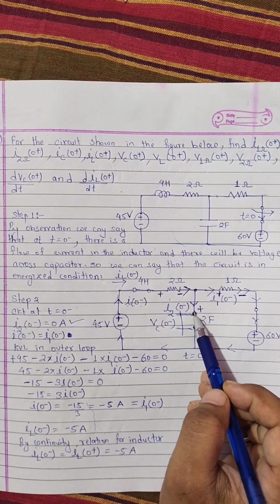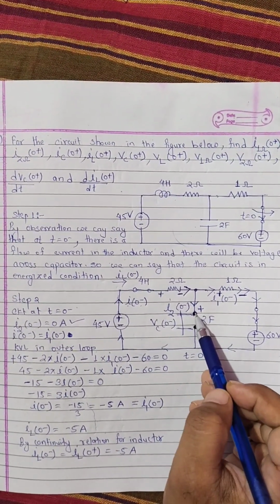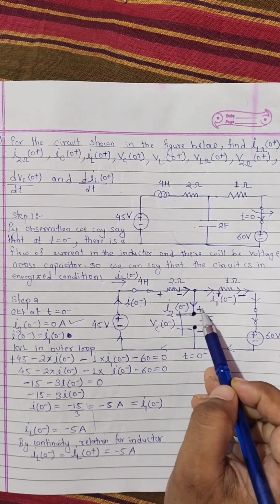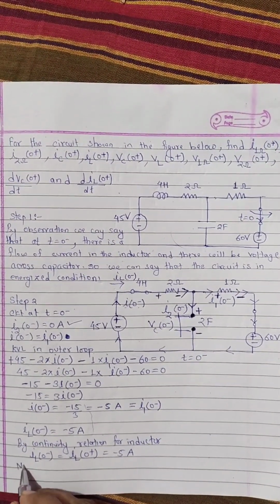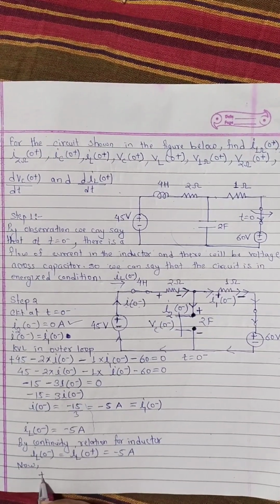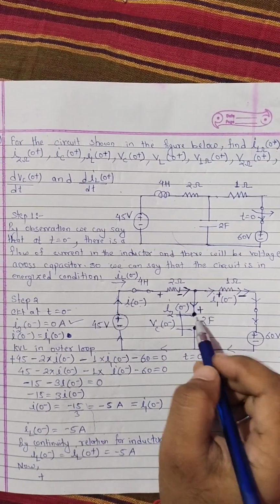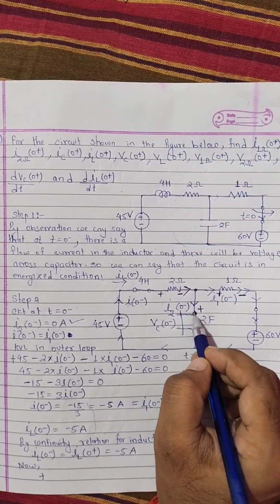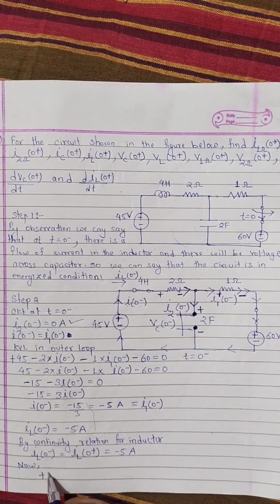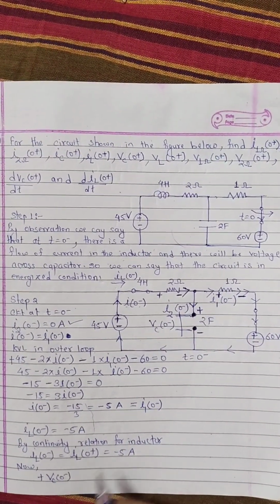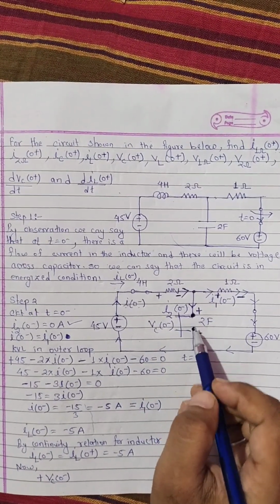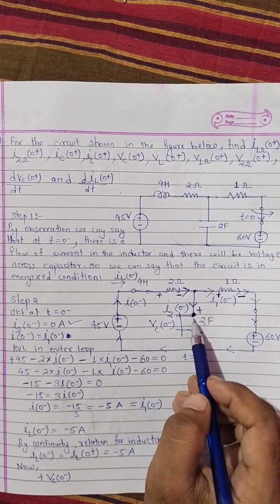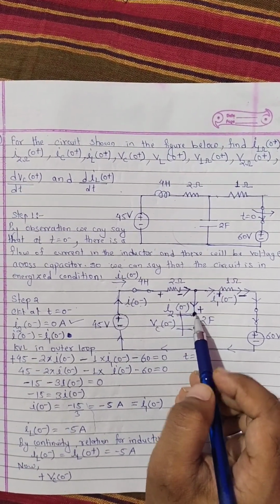I will assume the starting point as higher potential. If this is higher potential, then the sign convention will be plus. So the potential of this terminal is VC0 minus. Now we will follow any one path. To go to the finishing point, we have two paths.